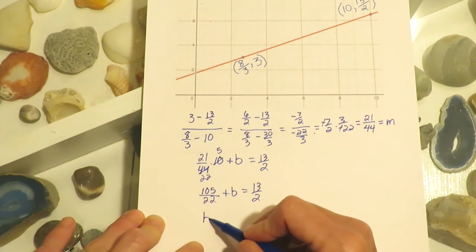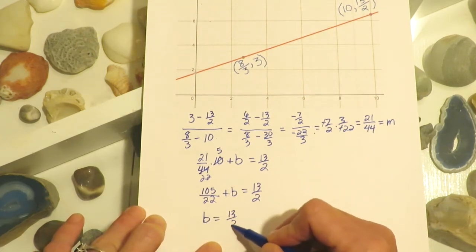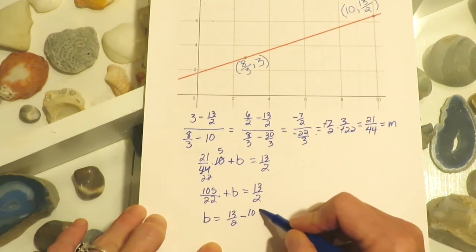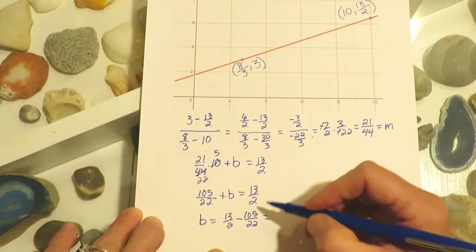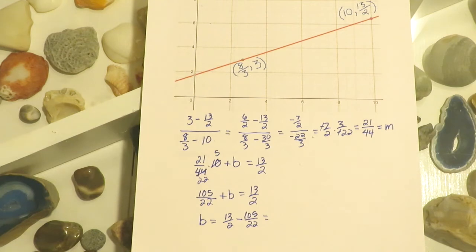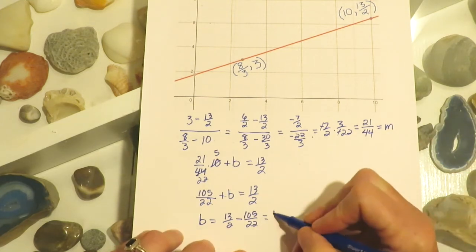Alright, so then b will be 13 halves minus that 105/22. And if I multiply 13 times 11, I get 143.